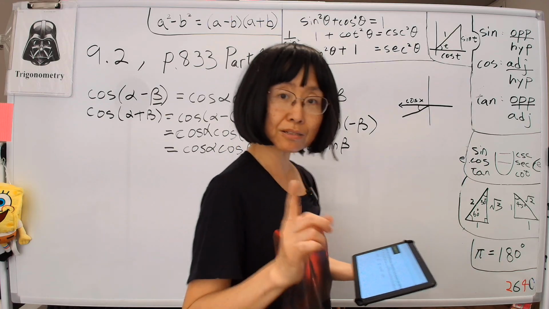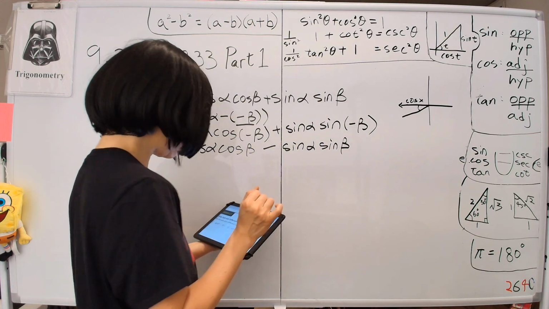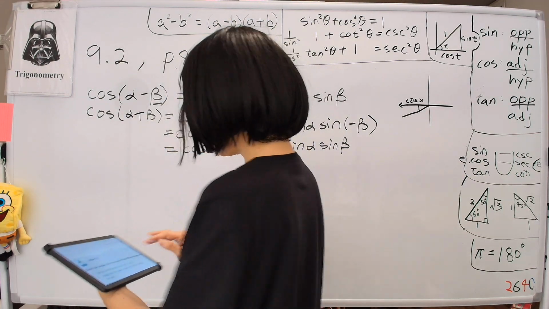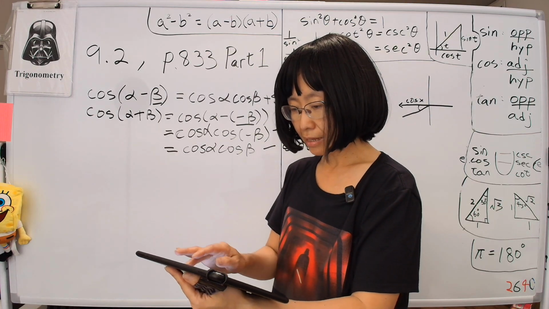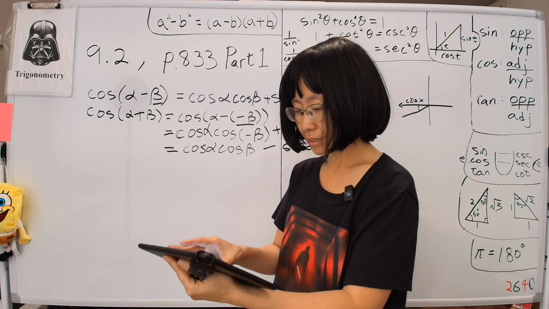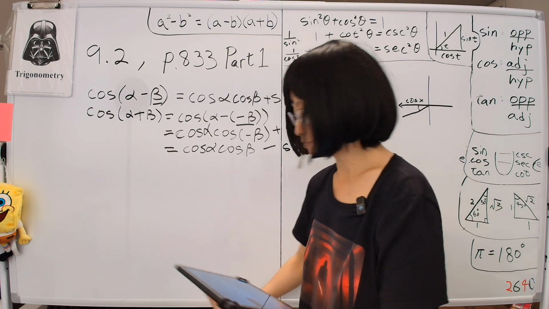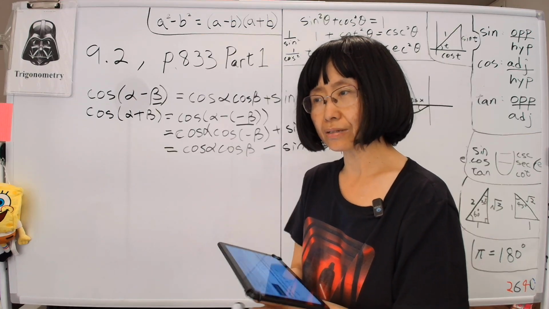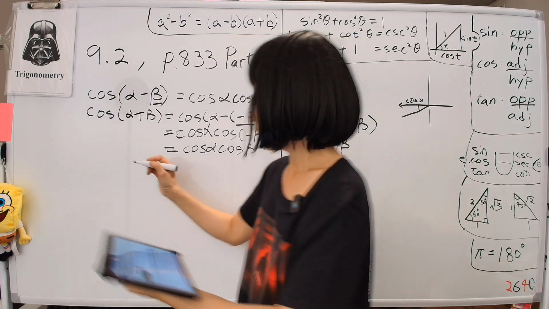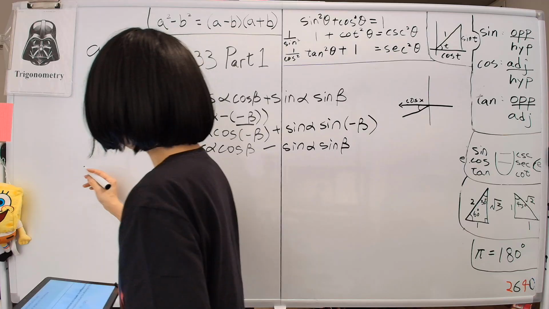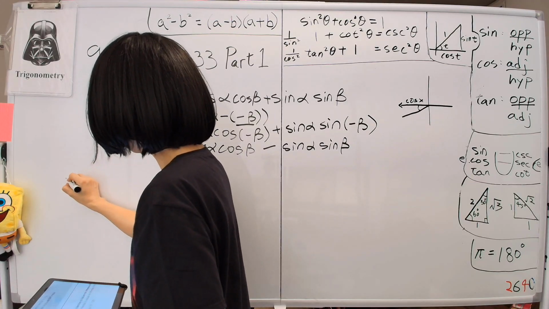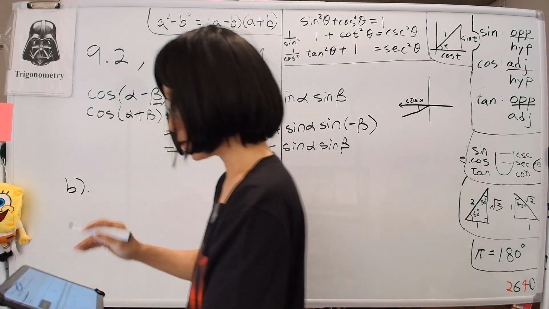So let's consider what is sine of 135 degrees. Did I talk about reference angles? We talked about reference angles, but I don't seem to recall that we talked about it that much.